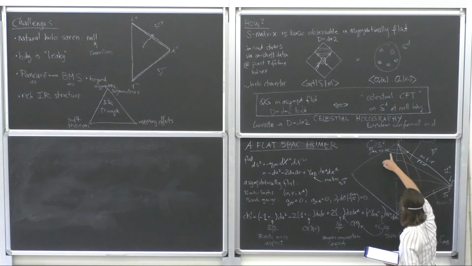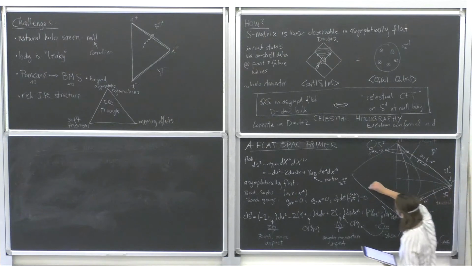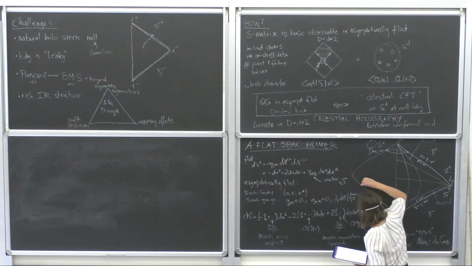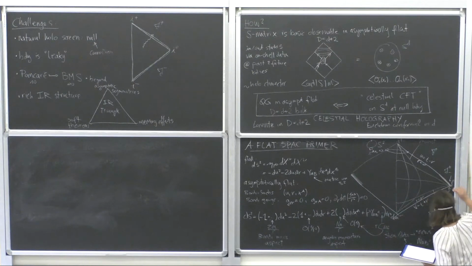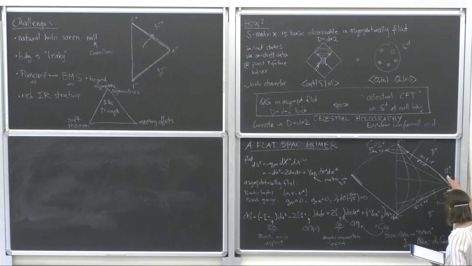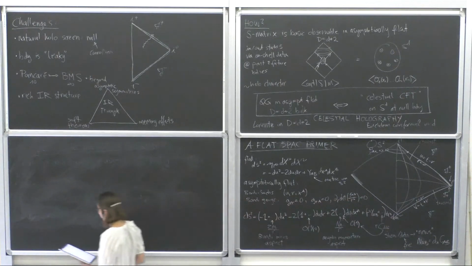So here these would be antipodal points on the sphere. Essentially you demand that your null generator is continuous along these boundaries, and that gives you a condition for how the angular coordinates are matched across these boundaries. Okay?